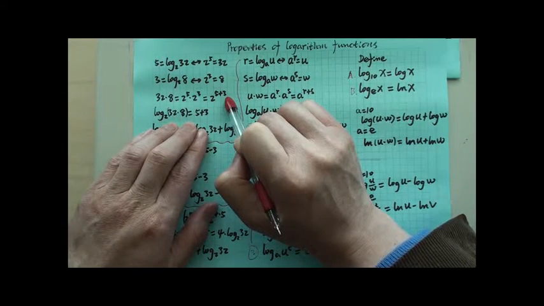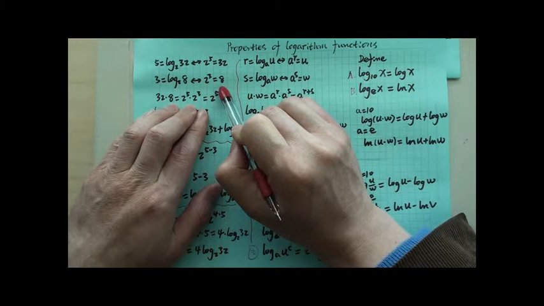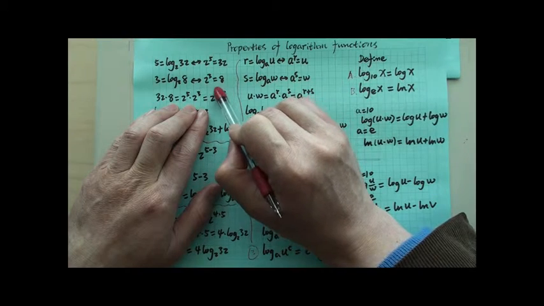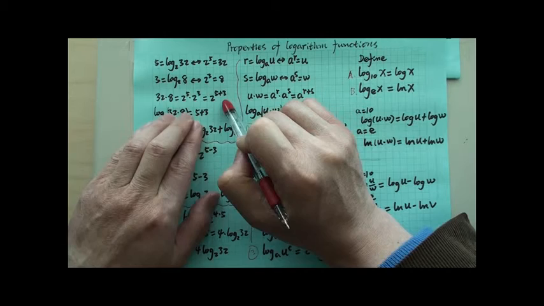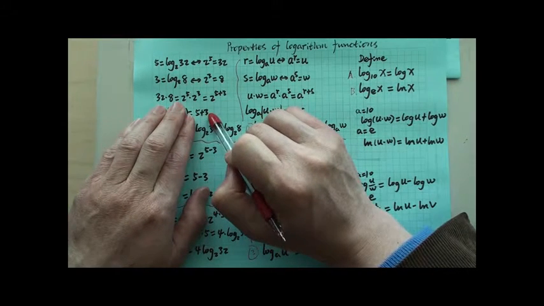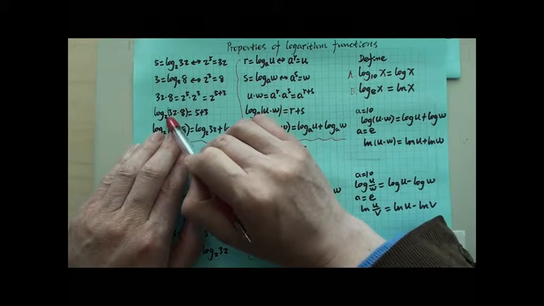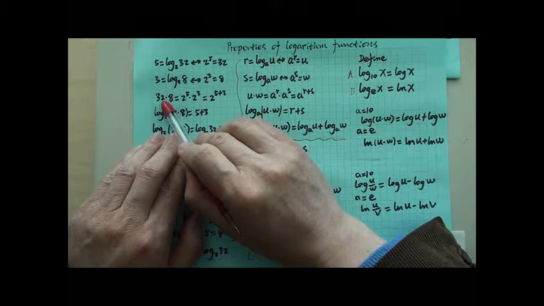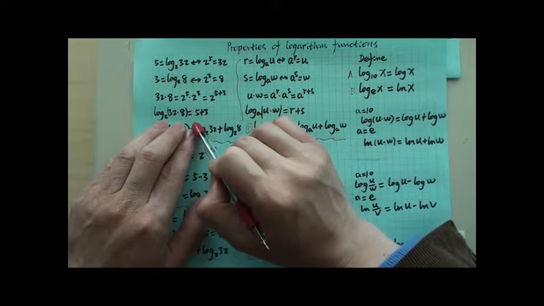Now, keep going. How to express the exponent? Yeah, logarithm can be used to express the exponent. That would be what? 5 plus 3 equals log base 2 to the 32 times 8 together, parentheses. That's logarithm.